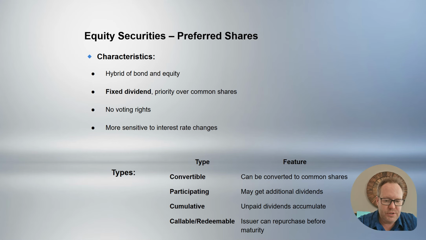Cumulative preferred shares means that unpaid dividends accumulate and will eventually get paid out first to cumulative preferred shareholders. Then there are callable or redeemable preferred shares. Those are preferred shares that the issuer can repurchase before they mature.